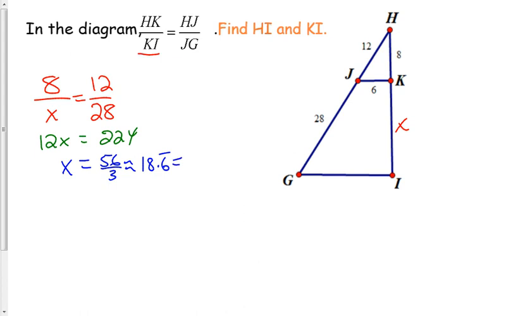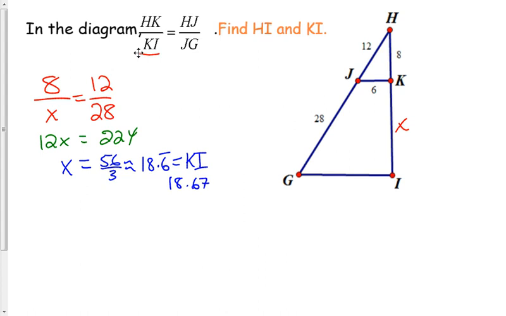Not really. But not everything is going to work out to be a whole number. So this is 18.6 repeating, or if you round to the nearest hundredth, this would be 18.67. Okay, there's KI.